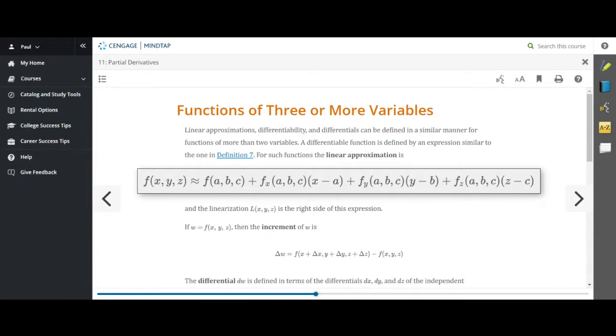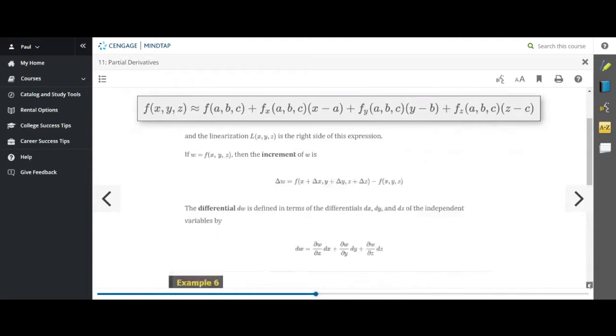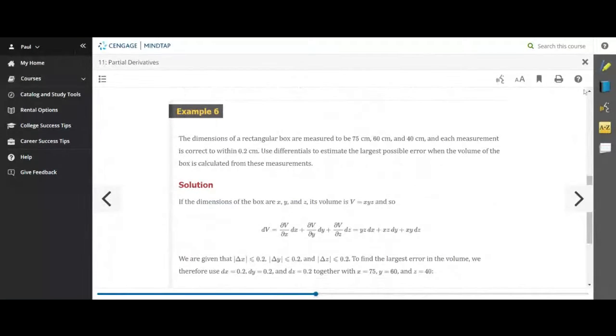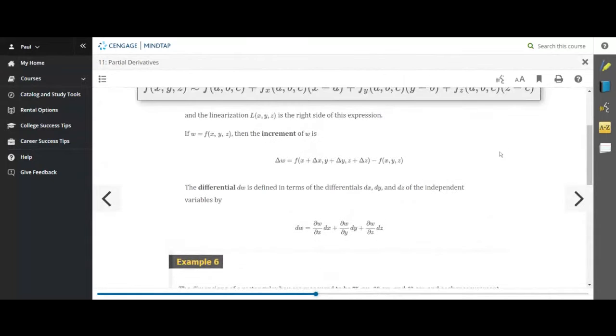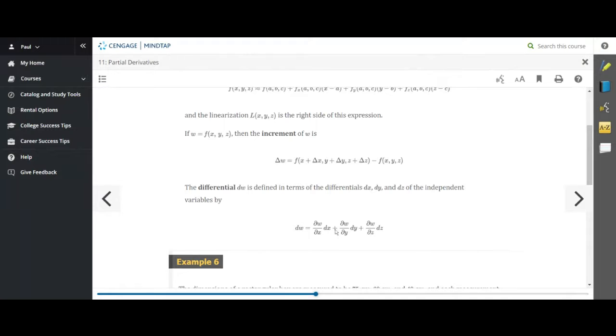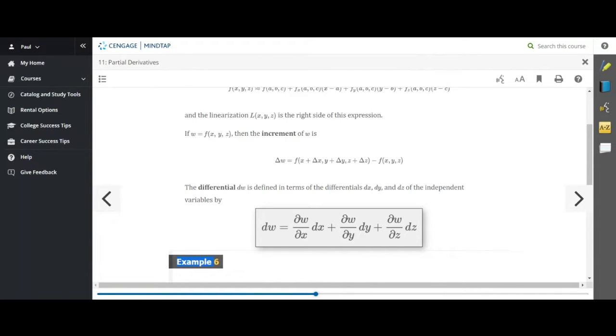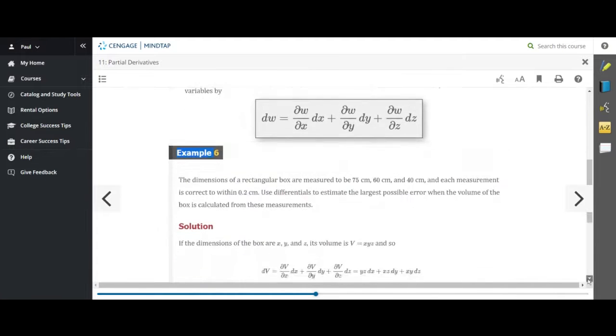And in terms of a differential, if you had a function of 3 variables, your differential would be defined this way. So again, when you look at some examples in your homework with the help aids, you'll feel better about this. All right, let's move on.